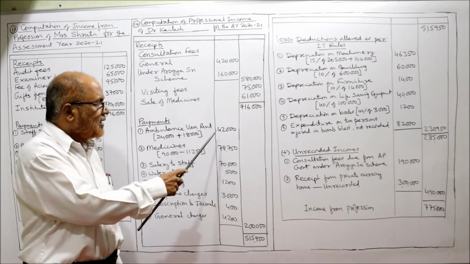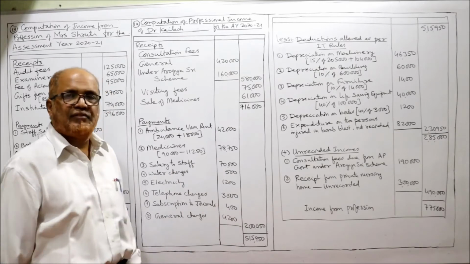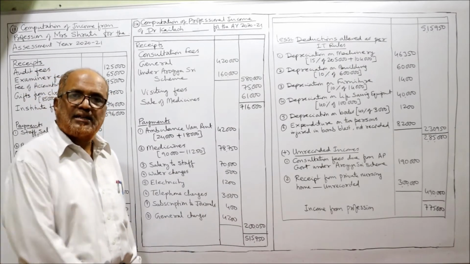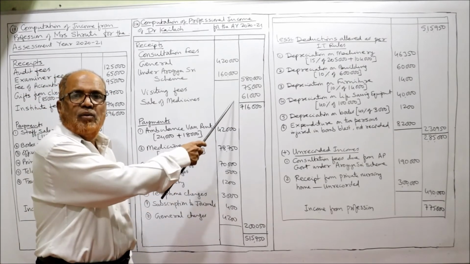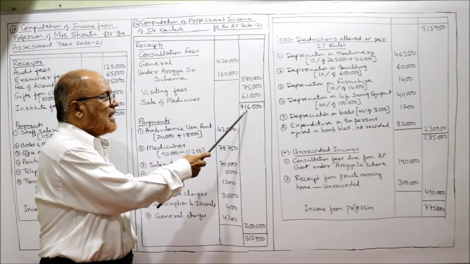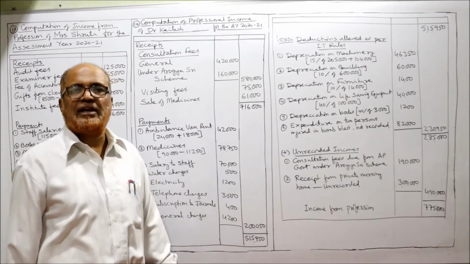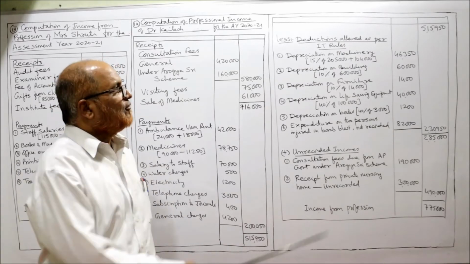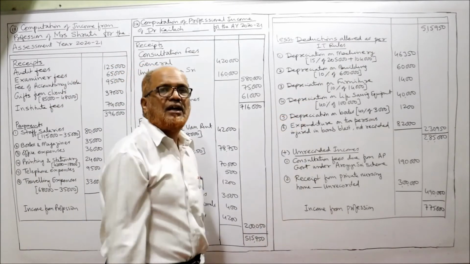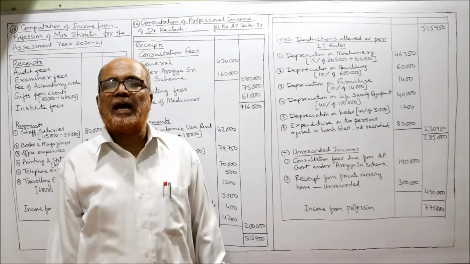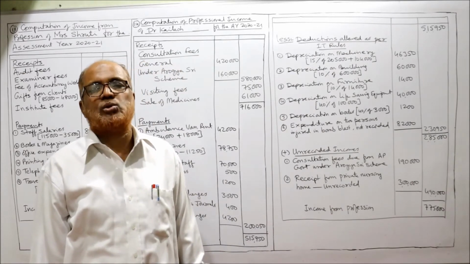Take the total of revenue payments, 2,50,000. Now deduct the revenue payments from revenue receipt. Revenue receipt is 7,16,000, minus 2,50,000, gives 5,15,950.